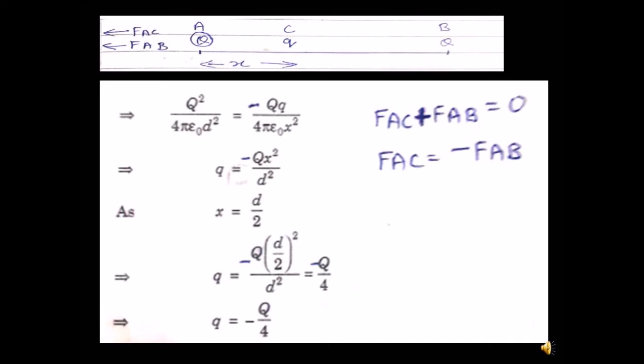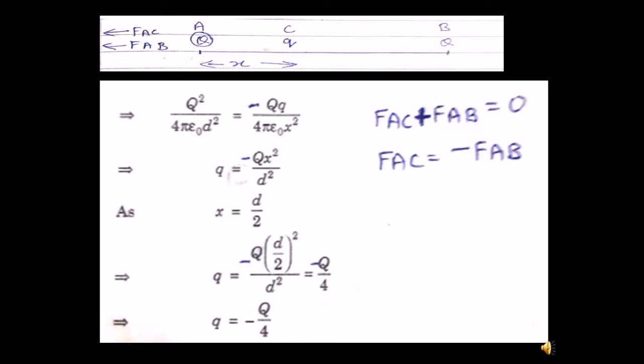Distance is x, so x square. In the same manner, let us think about the FAB force. FAB means forget about C. So FAB is 1 upon 4 pi epsilon 0, capital Q upon distance square. The distance between A and B is d, so d square will come.